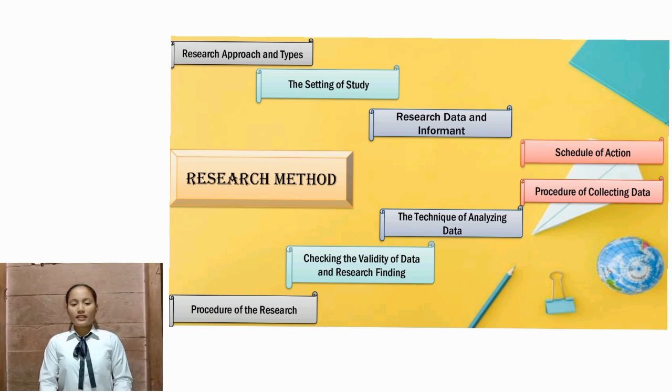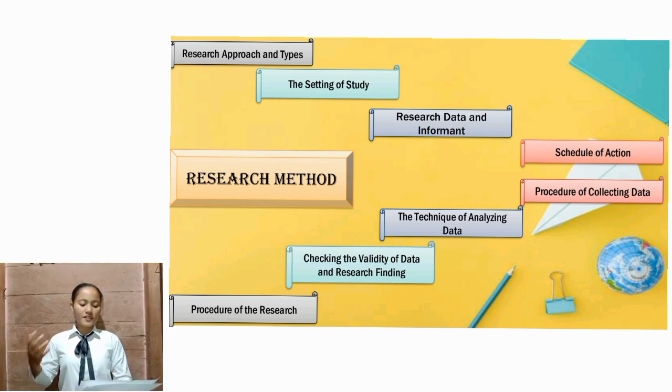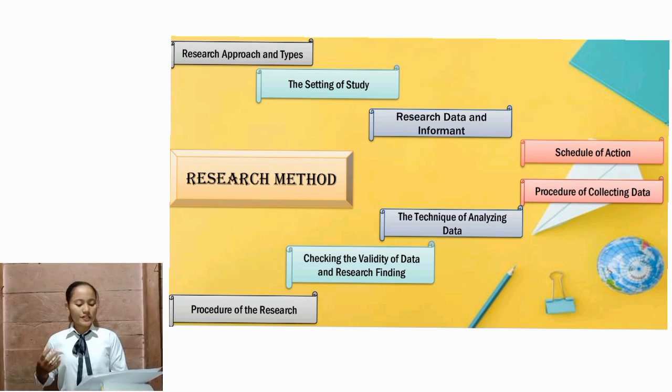And the last is procedures of the research. First, the researcher obtains a permit from the headmaster of SMK Negeri 2 Lotu, and then decides the informants and the number of informants.